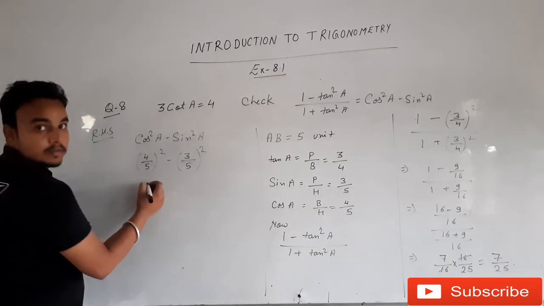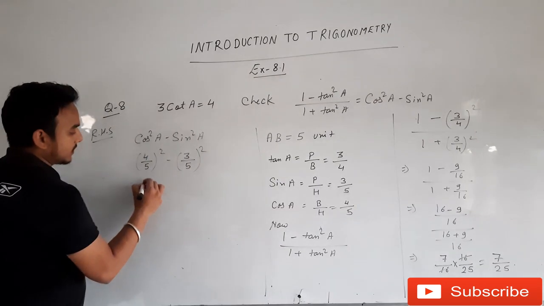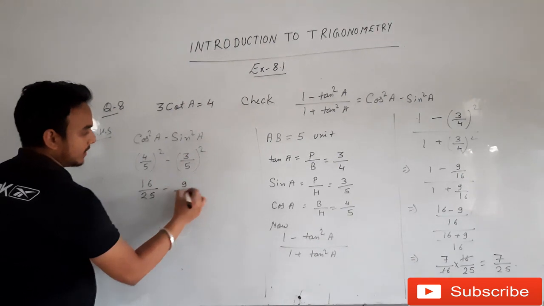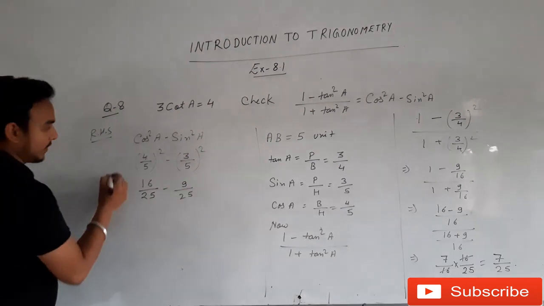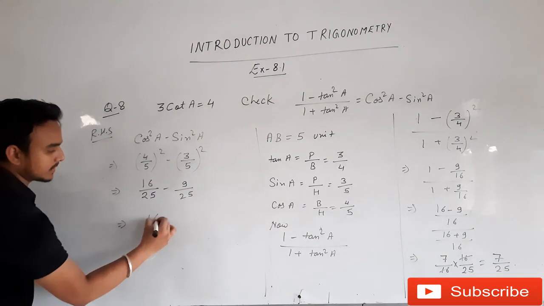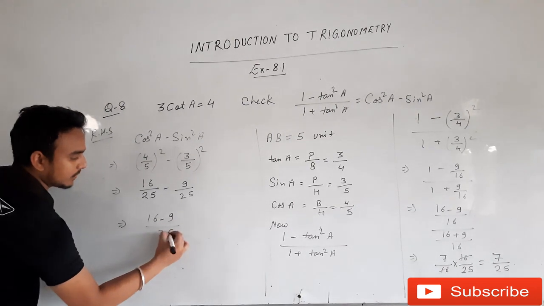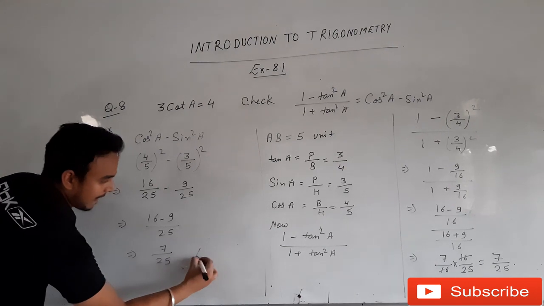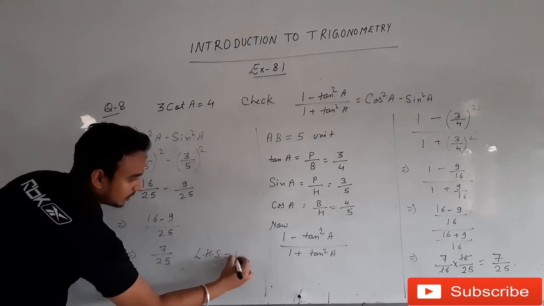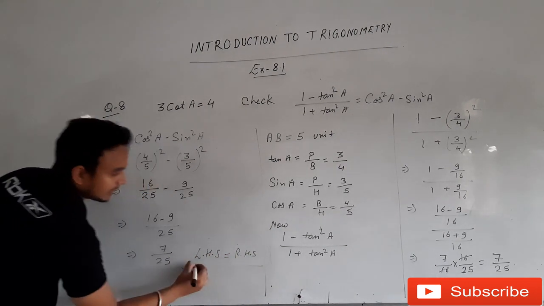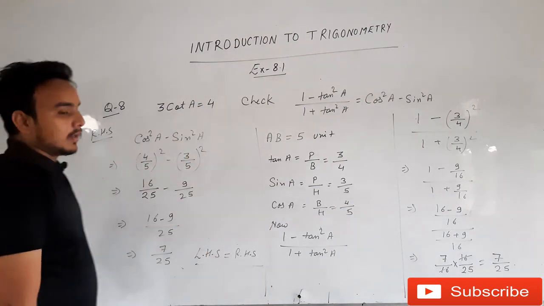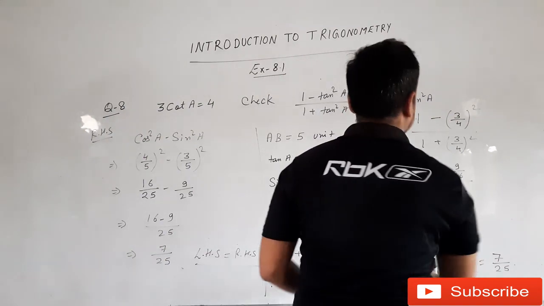This will be 16 by 25 minus 9 by 25. This will be 16 minus 9 by 25, that is 7 by 25. Left hand side is equal to right hand side. It means the question is verified. Okay, going to the next question.